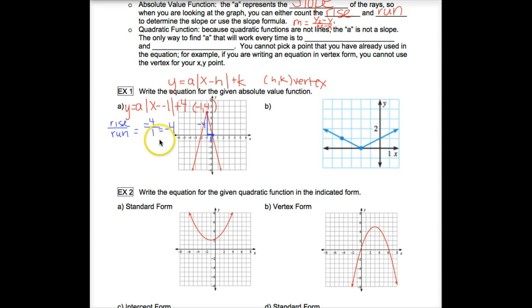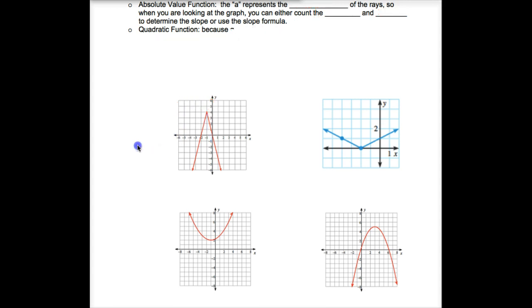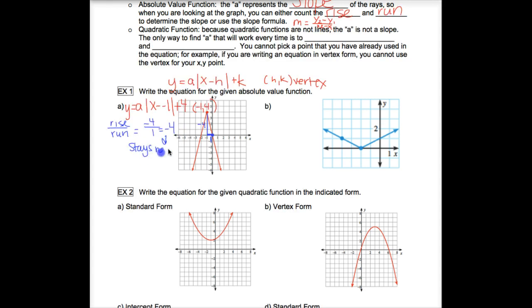So this stays negative because it opens down. So that means that our final answer when we're writing the equation is y equals -4, absolute value, minus negatives become pluses, so x plus 1, and then plus 4. So that is our equation for A.